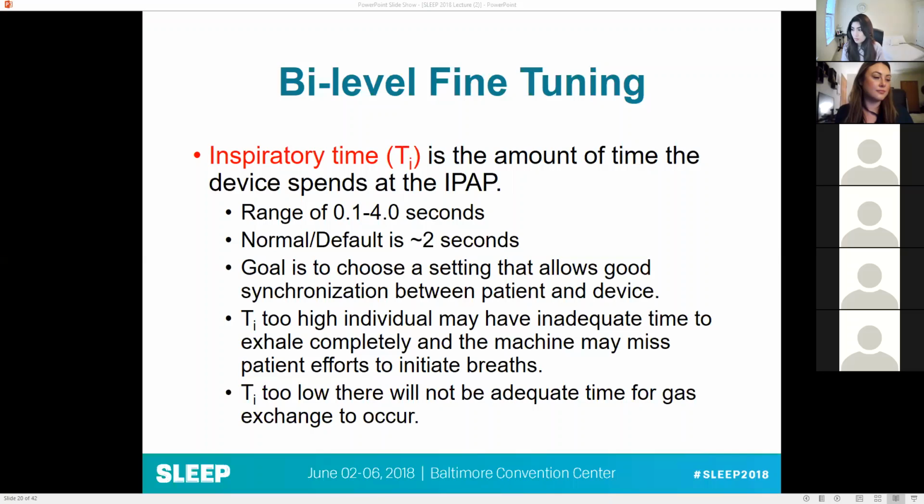If it's too high, the patient may have inadequate time to exhale completely. If it's too low, there might not be adequate time for gas exchange to occur. Sometimes you can see a little blip in the IPAP where the machine cycles off, but the patient's still trying to breathe in, and it's similar on mechanical ventilators too. Next slide.